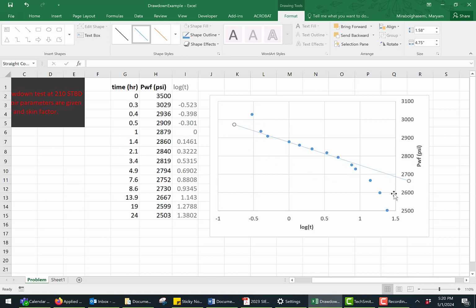And all of these data points, they also do not fall on the straight line. So I'm going to exclude the first 2 points, and then the points after this point. So all of these points in between, those are the data points that are relevant and we will use for the analysis. The rest of them we are going to exclude.